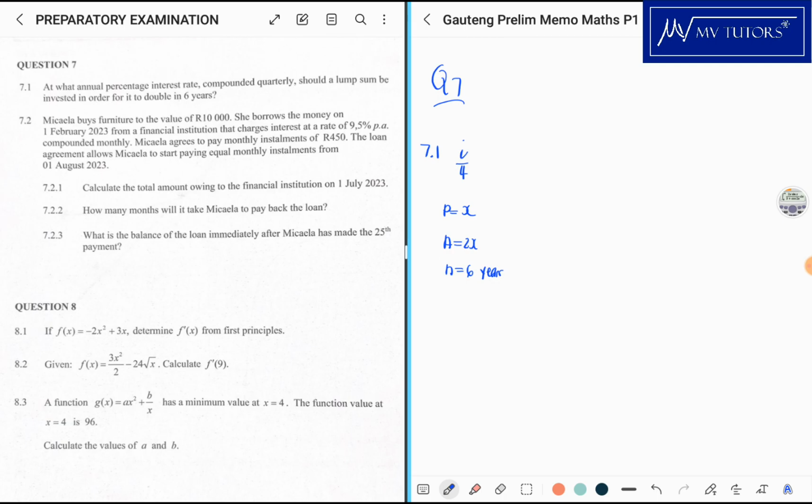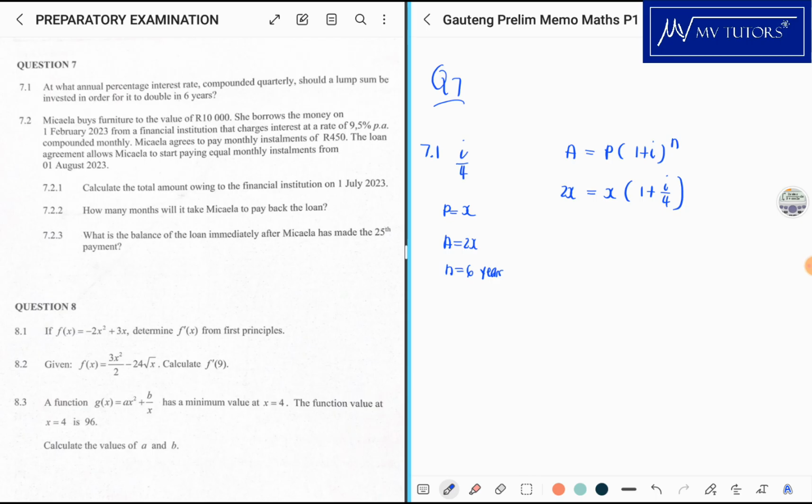So we're going to use our compound formula. A is equal to P times 1 plus i to the power n. Okay, so what are we going to substitute in the place of A? We're going to have 2x. In the place of P, that is x. We're looking for our interest rate, which is compounded quarterly.